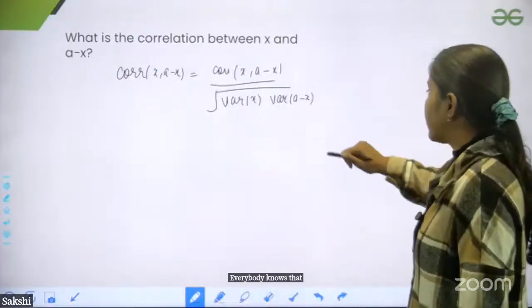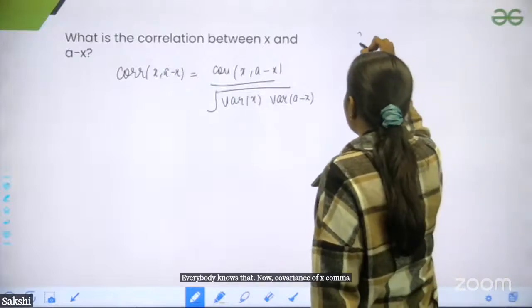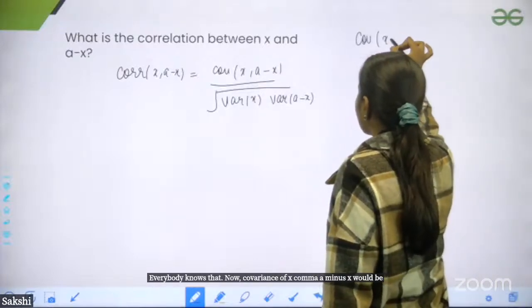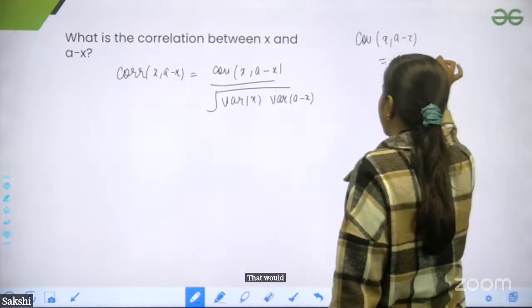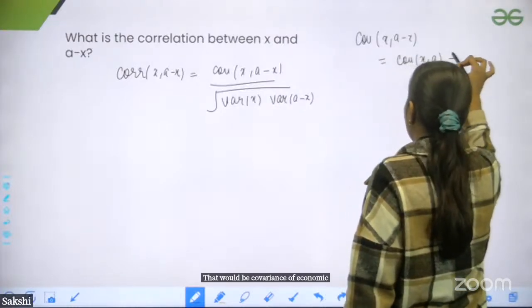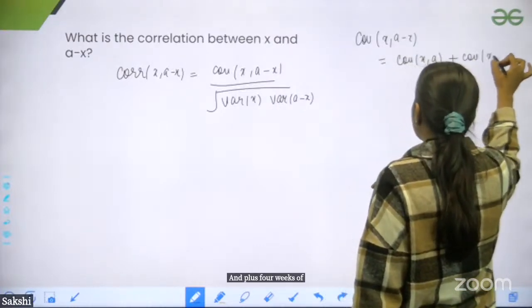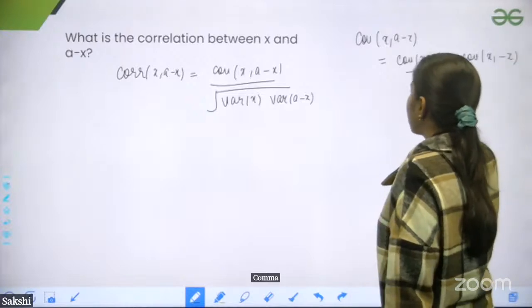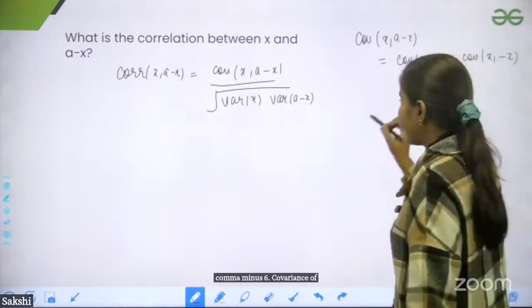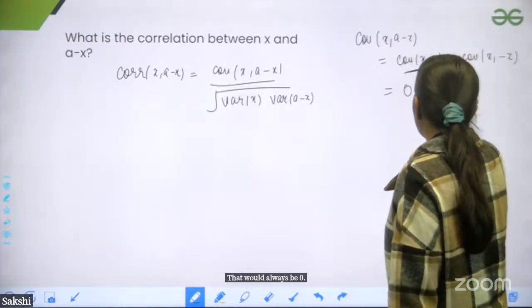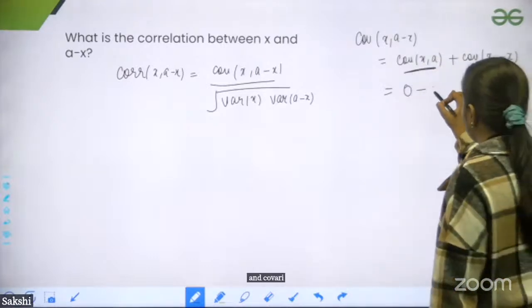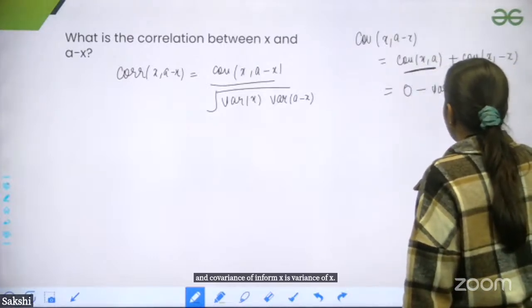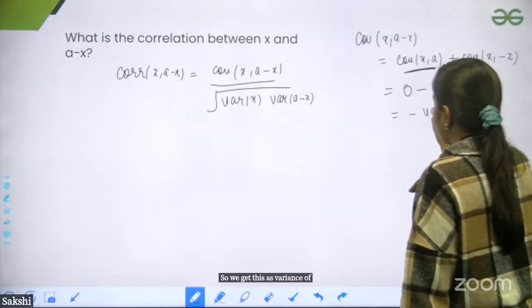Now covariance of x comma a minus x would be covariance of x comma a plus covariance of x comma minus x. Covariance of x with a constant would always be 0, and this would become, taking the minus sign common, covariance of x comma x, which is variance of x. So we get minus variance of x.